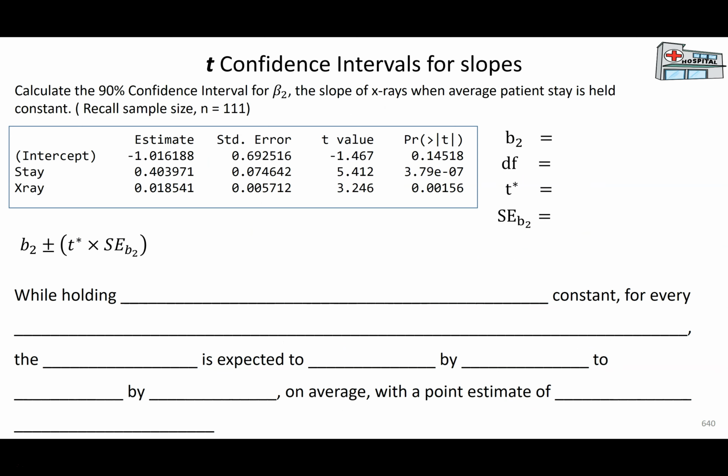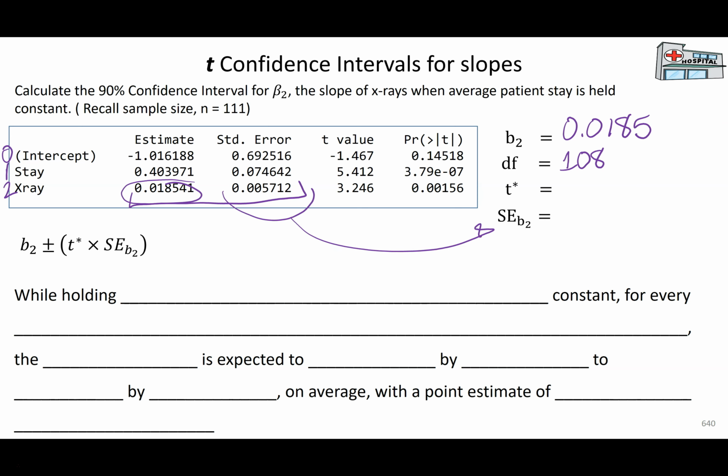My B2, that's my estimate here for beta 2, I'm going to use 0.0185. Just go out to the 4 places here. My standard error, that's what goes here, 0.0057.